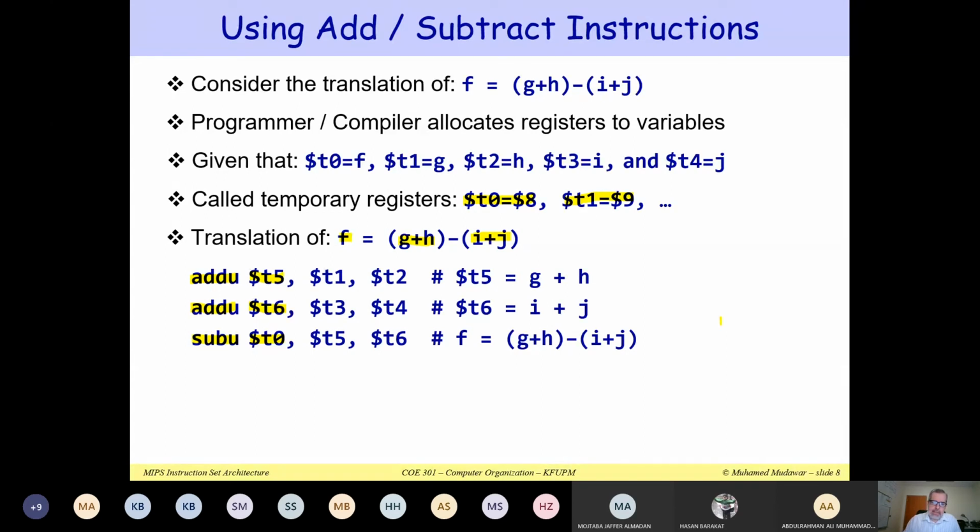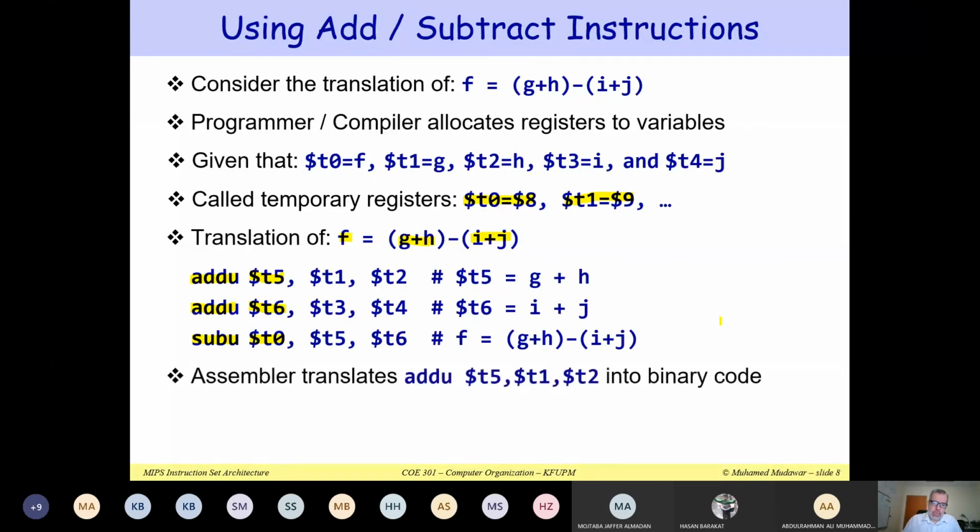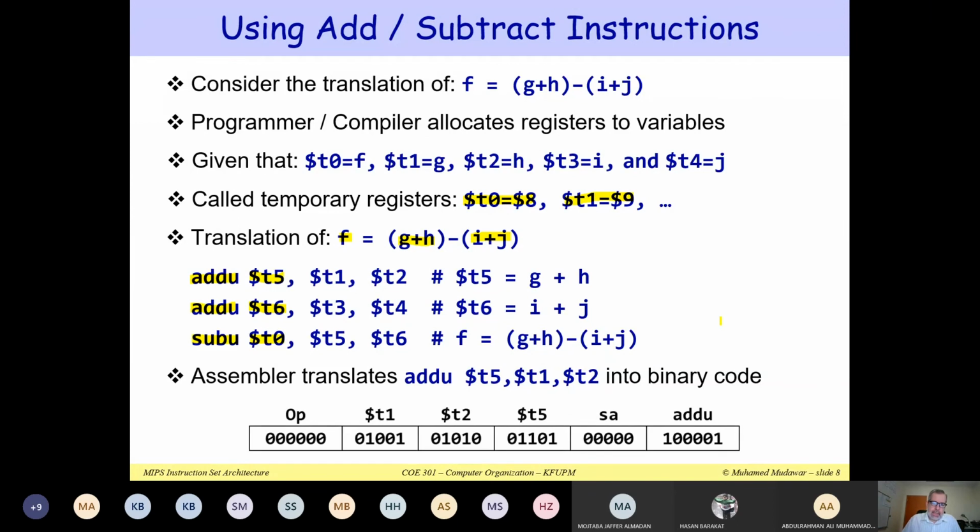Now you can say that this is how we write the instructions in assembly. Now the assembler is going to translate these instructions into their binary representation. These are of the R format, and when we translate them into binary code, take the first one, the opcode will be equal to 0, indicating that this is an R format instruction.